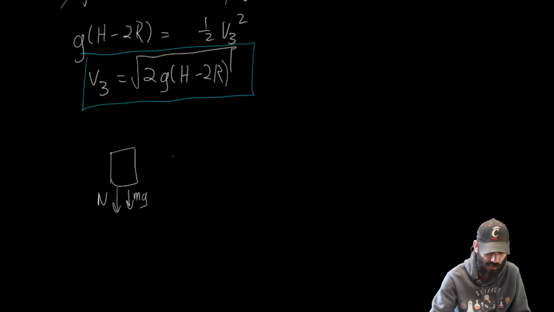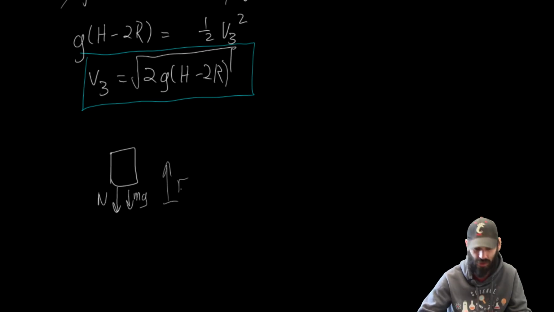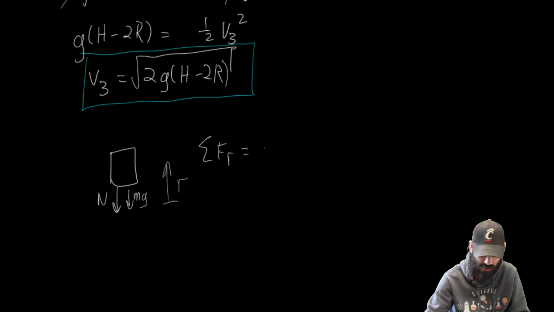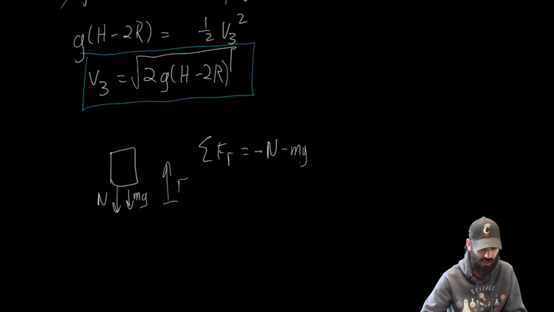So if I was to sum my forces in the radial direction, calling outwards, out of the circle, the radial direction, right? Because radial means away from the center. This says that the sum of the forces in the radial direction is going to be equal to minus N minus mg, right? Because it's going to be in the negative direction.